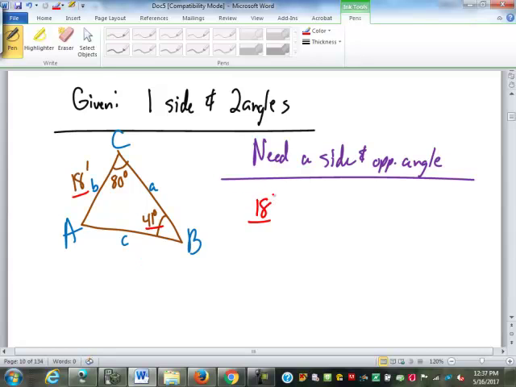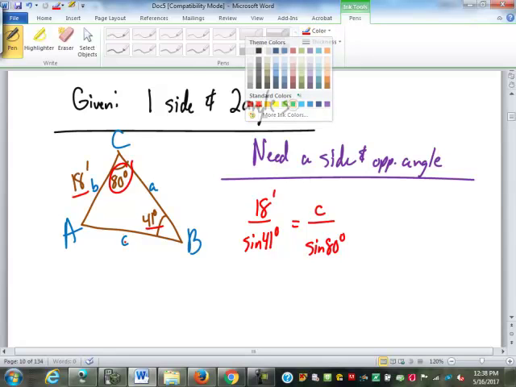I have the 18 feet over the sine of 41 degrees. Now there's only one other piece of information I have here, and that's the 80-degree angle. Well, the angles go on bottom, so that's going to be the sine of 80 degrees on bottom. What side's going to go on top of it? Side c, right there. That's the one that's across from it.